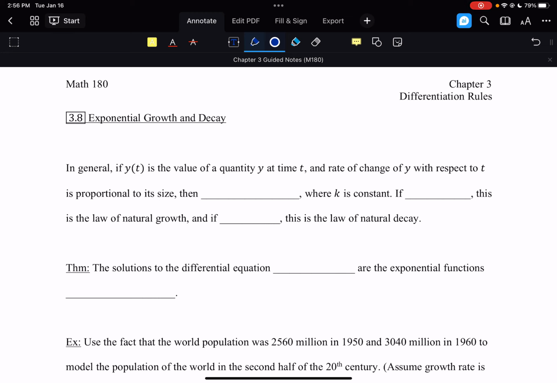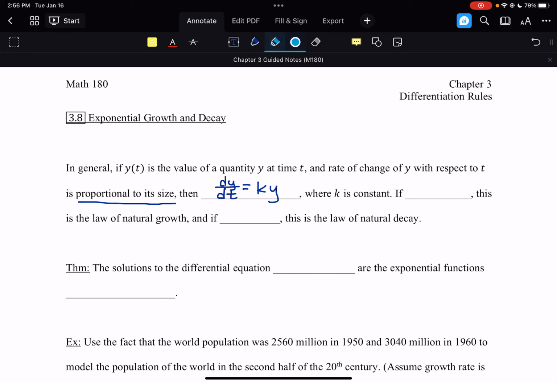So, to start off, in general, if a function y of t is the value of a quantity y at a time t, and the rate of change of y with respect to t is proportional to its size, then we say dy/dt equals k times y.